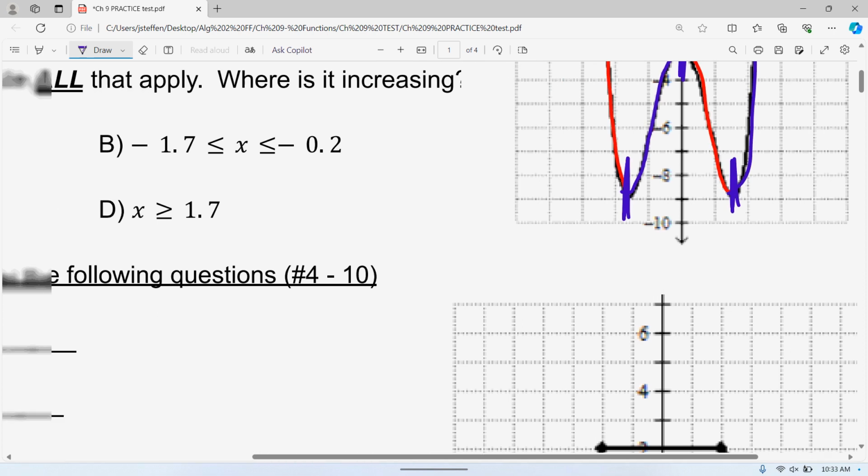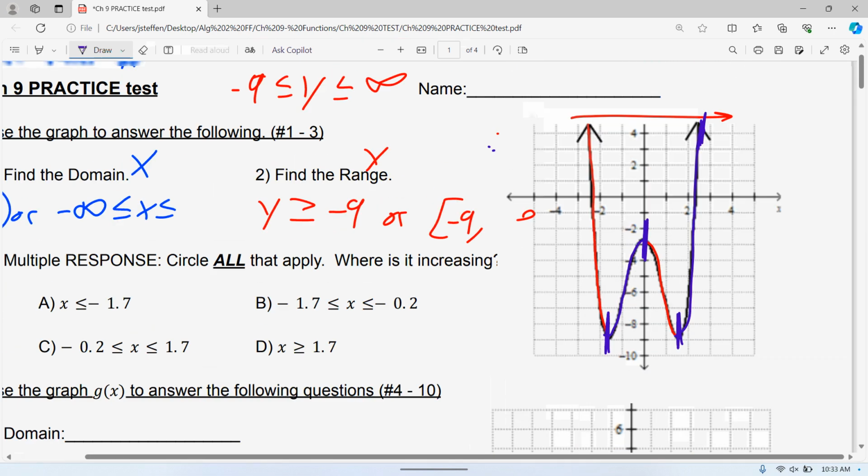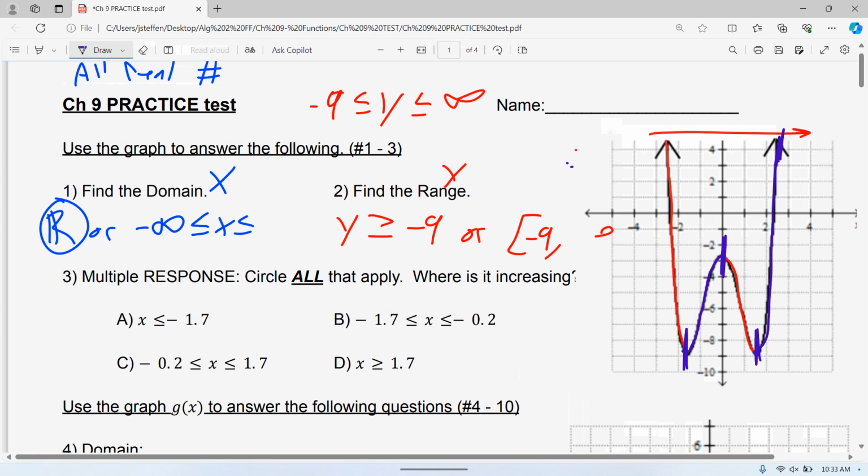The points they're using for this are negative 1.7, negative 0.2, and positive 1.7. So everything less than negative 1.7 is over here, which we said was decreasing.